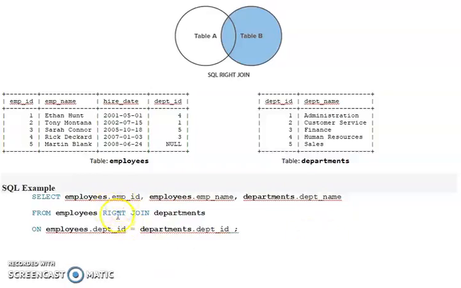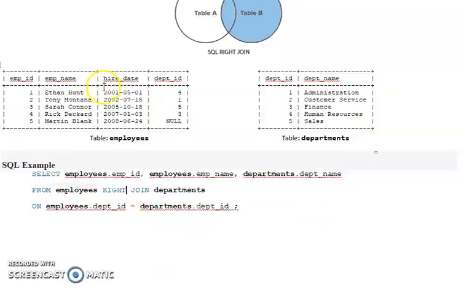If you perform the right join operation, then all the matching records will be taken for the output, and whatever records remain from the right table, in our case the departments table, will also be taken. Here you can see that Ethan Hunt is from department ID 4, human resource, Tony is from administration, Sarah Corner is from sales, Rick is from finance.